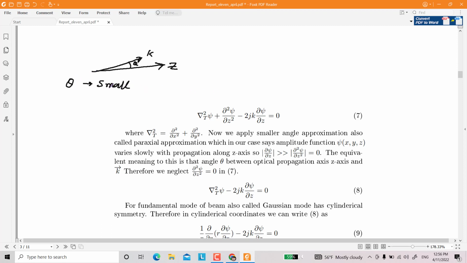So in that case, the spatial profile is not going to change significantly. That is why I said partial squared psi by partial z squared goes to 0. Right? So if theta is small, sometimes people write sine theta is approximately equal to theta, because as you know there are higher terms as well.